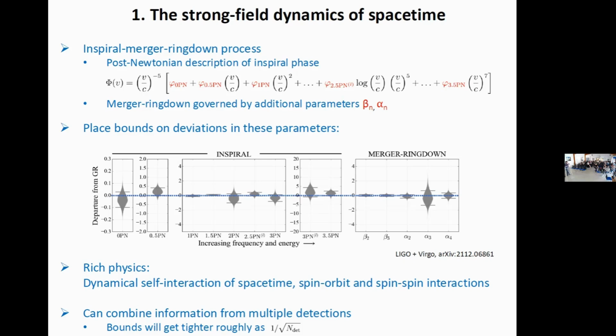Now, something that will be a recurring theme in this talk is that you can combine information from multiple detections to get either more stringent bounds on deviations from GR or eventually find a deviation from GR. And in fact, bounds will get tighter roughly as 1 upon square root of the number of detections.